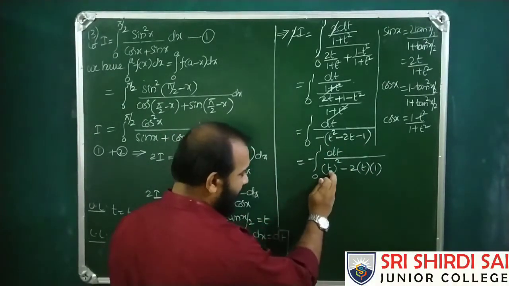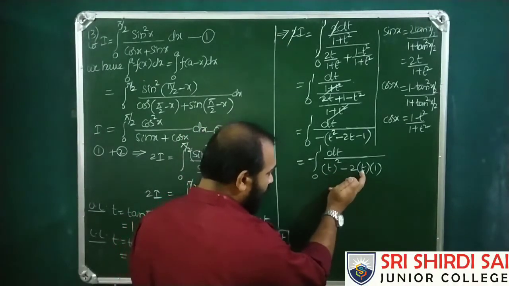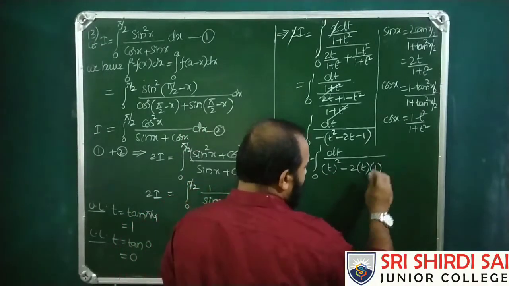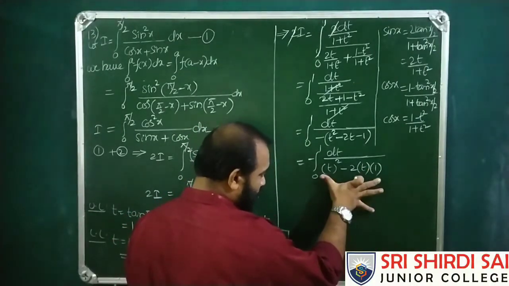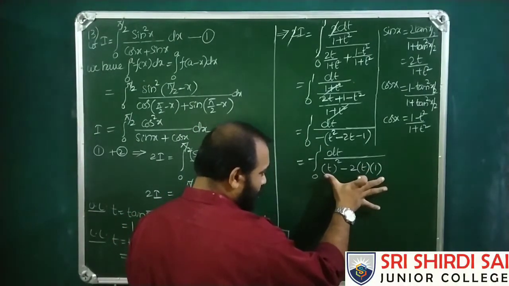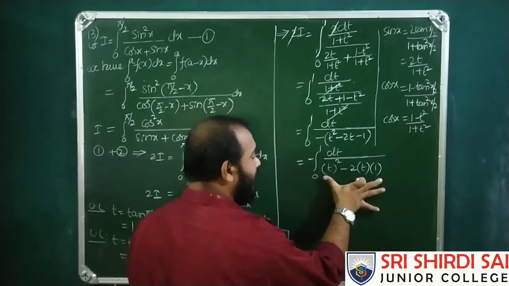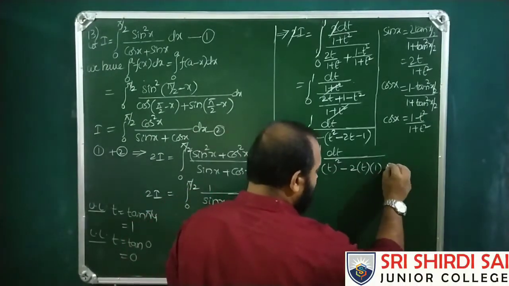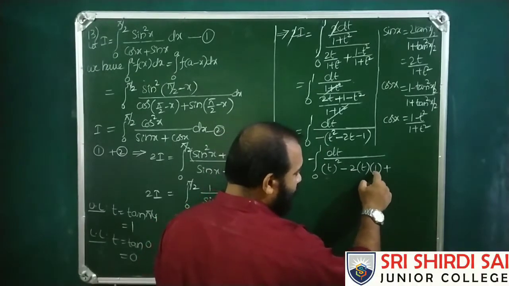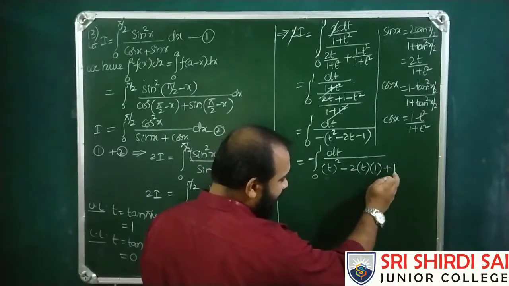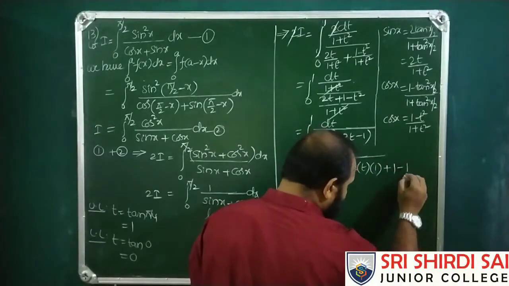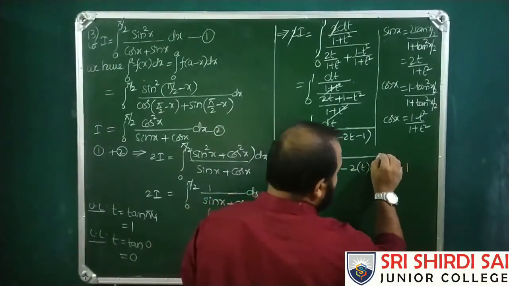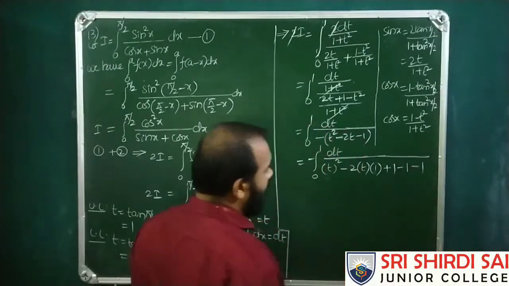So this is of the form a square minus 2ab. So a square minus 2ab plus b square, I want to make this into a minus b whole square. Therefore plus b square term I want. So b square is 1 square, 1. Since I have added plus 1, I have to subtract 1 also. So minus 1 as usual.